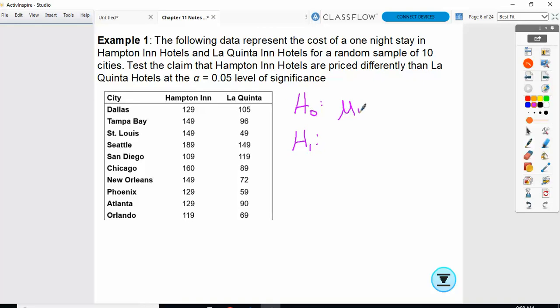Yep. So we're going to look at the mean of the difference. And if these are the same, what would be the difference between them? 0. So our null hypothesis is that the difference is 0. For the alternative hypothesis, I want to see if they're different, so that would be not equal to 0.